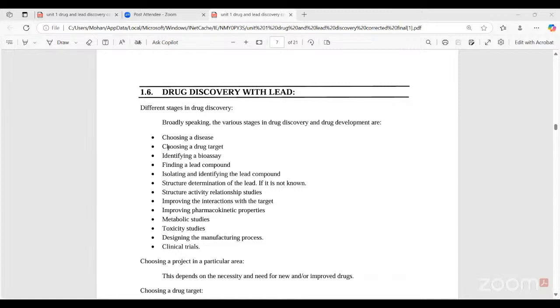First, we have to choose a disease. This is a very fundamental and basic stage.